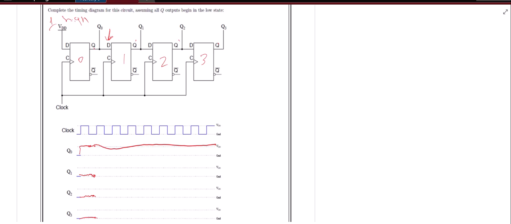But when we get to this next positive edge of the clock, flip-flop number 1 here looks at what D is, and D is the value that the flip-flop before had, which was 1. So now Q1 can change to 1.